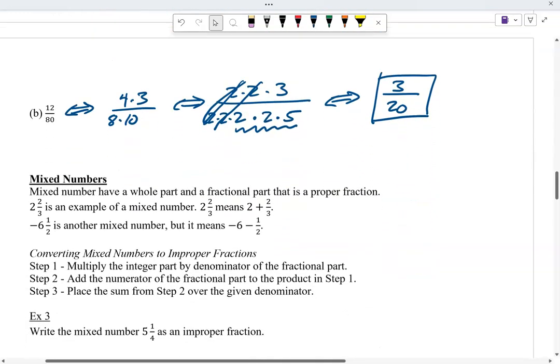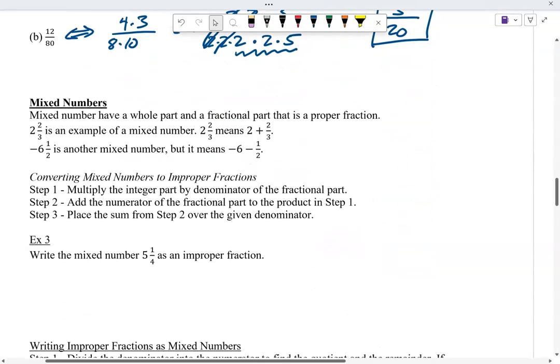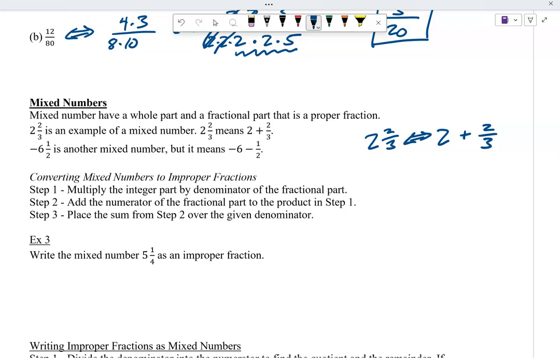Now let's look at some mixed numbers for a minute. Mixed numbers have a whole part and a fraction, like 2 and 2/3, which means 2 and 2/3, right? Or -6.5, which is -6 minus a half. We're going to convert those to improper fractions.